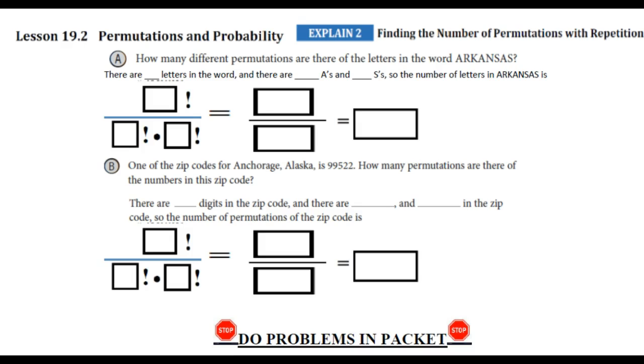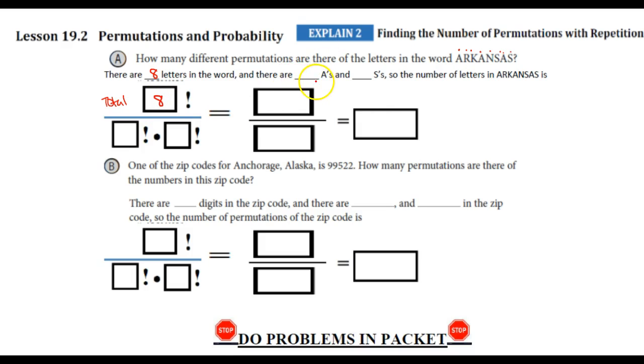It says, how many different permutations are there with the letters from the word Arkansas? So first of all, count up the total number of letters in the word. 1, 2, 3, 4, 5, 6, 7, 8. That's 8 letters total.